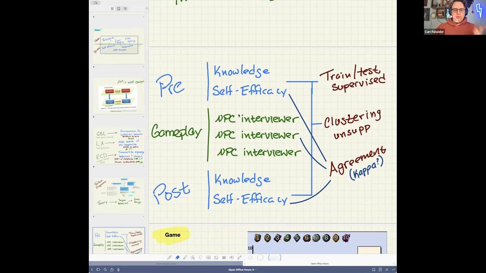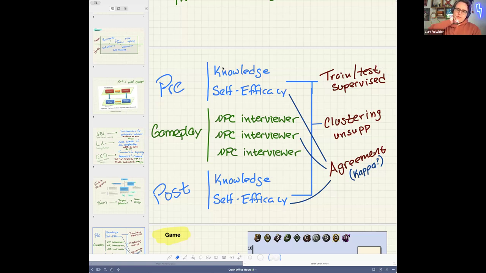Study design: pre-test, post-test, knowledge and self-efficacy. I'm looking to do kind of a train-test, supervised approach, using the pre and post test as labels. But as we know, self-efficacy is not ideal, or self-report isn't ideal.